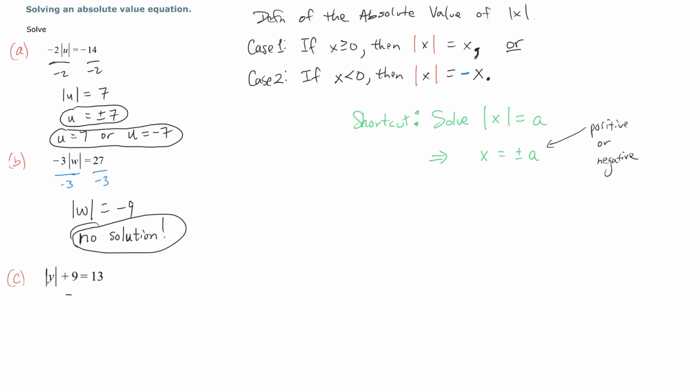And finally, the last one here, subtract 9, and we get the absolute value of y is equal to 4. So y is equal to 4, or y is equal to -4.